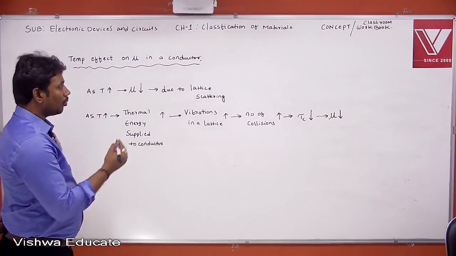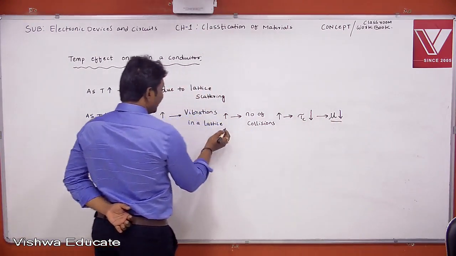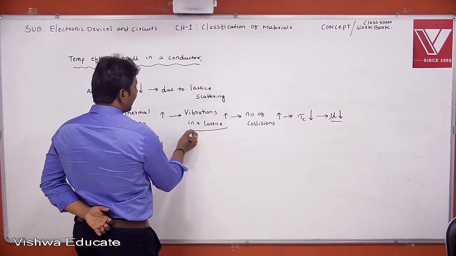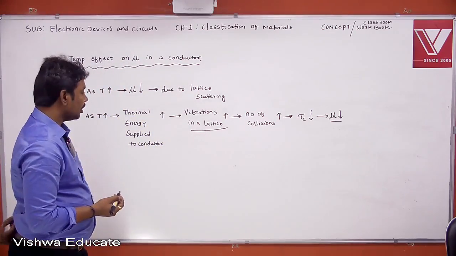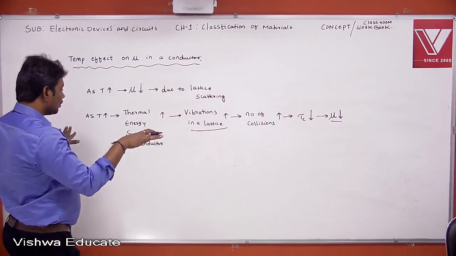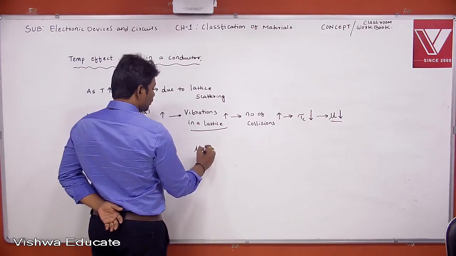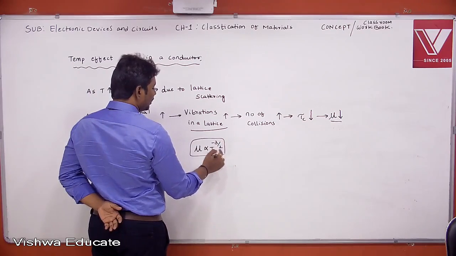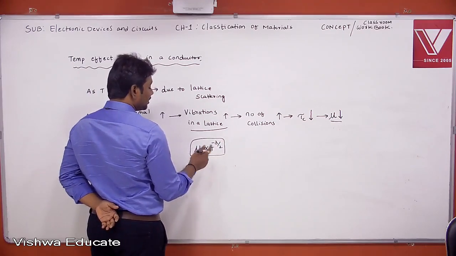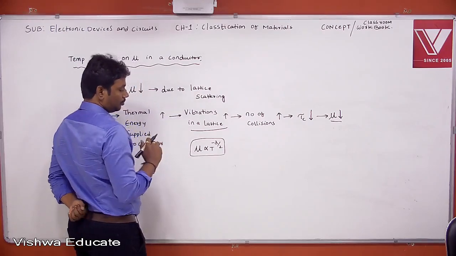Right? Now what is lattice scattering here? The mobility is decreased due to increasing vibrations in a lattice, which is called lattice scattering. Right? Now here, what is the relation between mobility and temperature? Mu is proportional to T to the power minus 2. That means inversely proportional. As the temperature is increased, the mobility decreases.